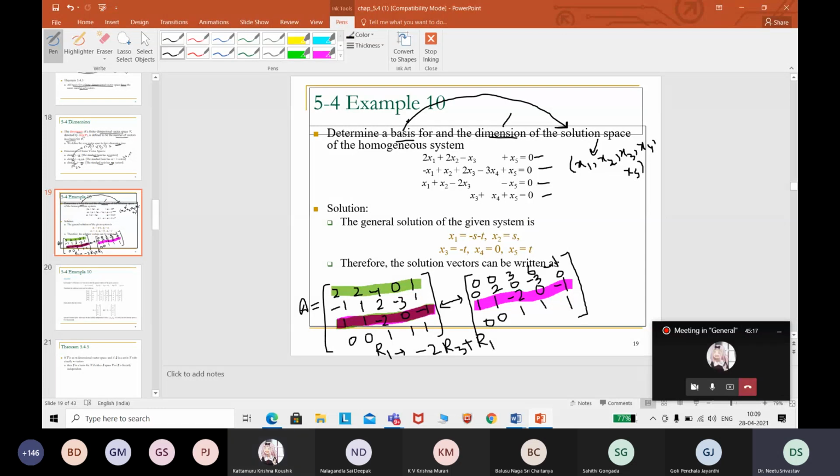Multiply 8 with minus 3 and add minus 2, and 3 will come here. Multiply with minus 2 and add. This will be 0 only, correct?